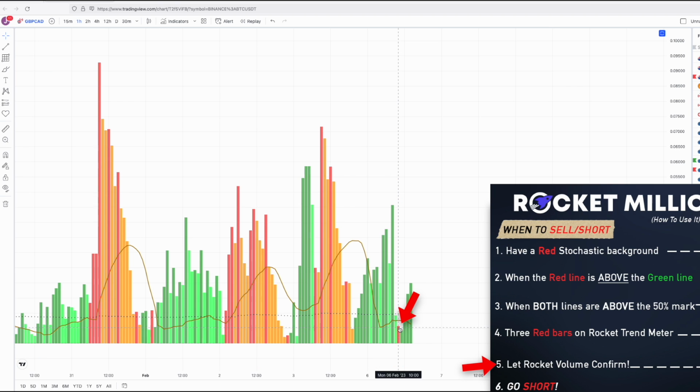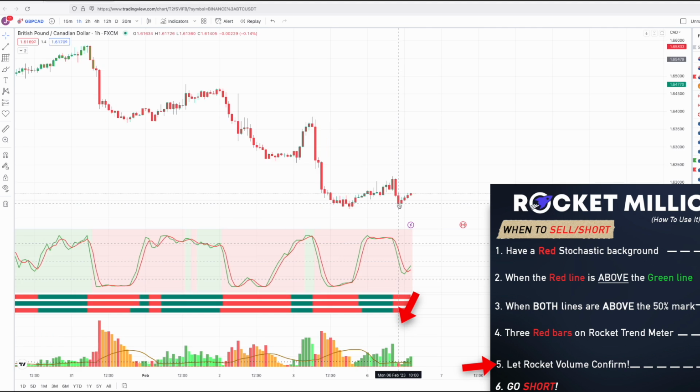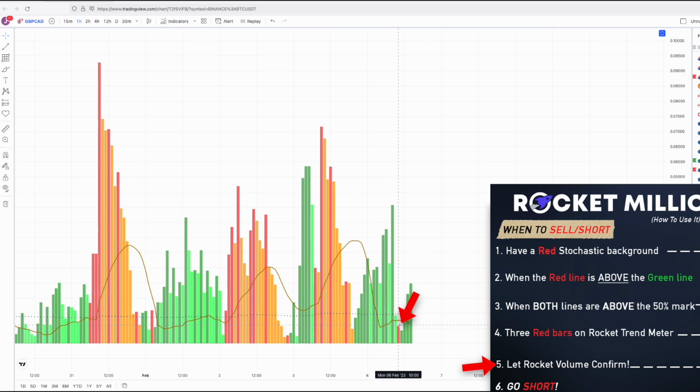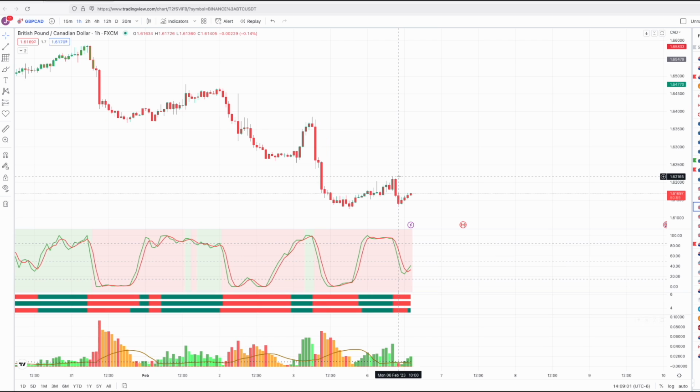And when there isn't any volume, you do not take the trade at all, because that tells you there's no real juice behind this move. And that's why the rocket volume is here to protect you from getting into those false signal plays. And then it switched, and now it's staircasing up to bullish volume. So this is a trade you would not have entered. That's why it's so important to follow all of the rules, and every single rule must be present. If it's not, you do not take the trade at all.